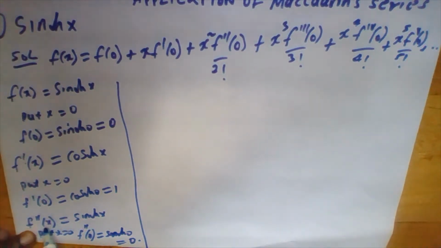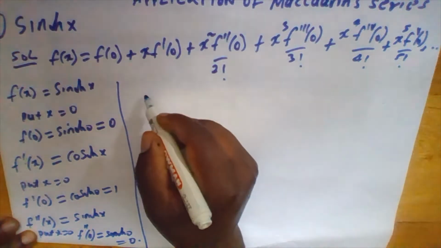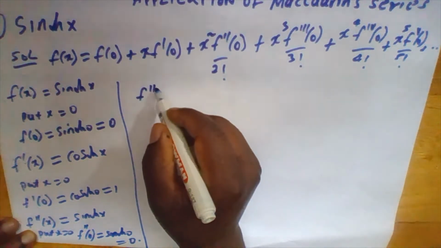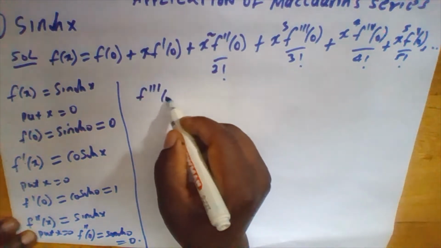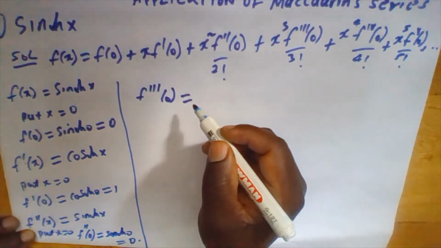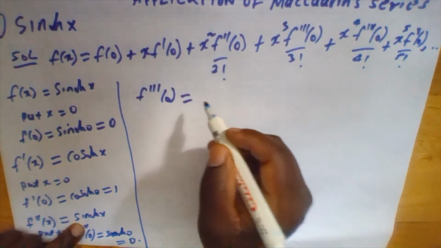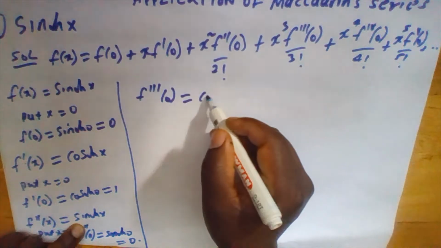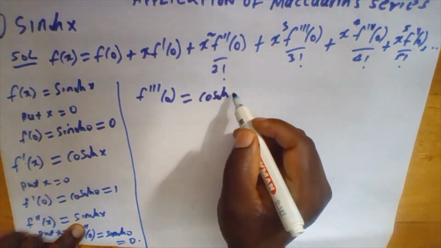We now differentiate f double prime, so we get f triple prime of x, which equals, when you differentiate sin x, you get cos x.